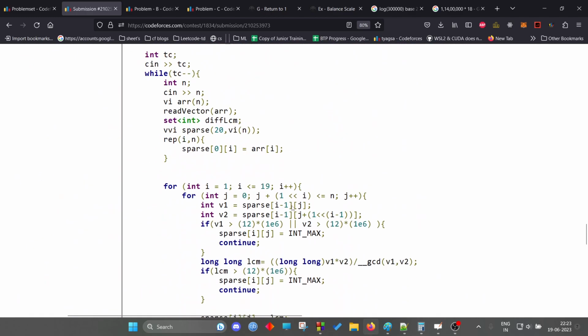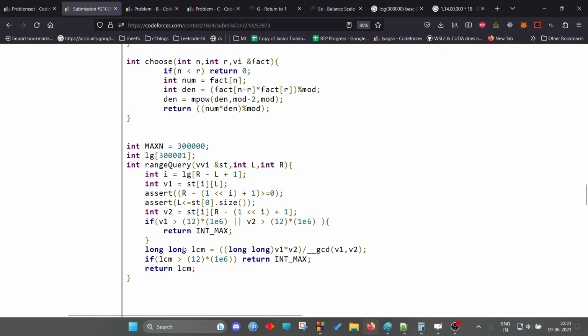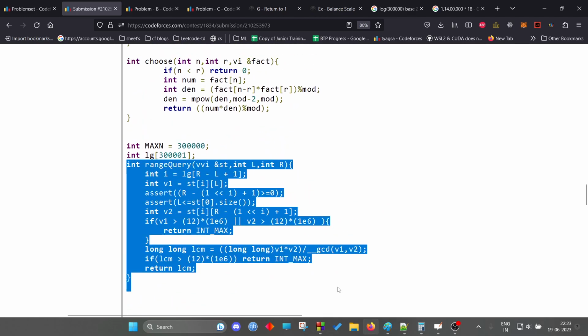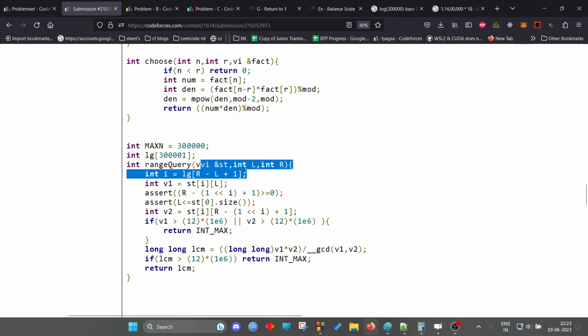So this is some template for the sparse table, and this is how you find the range query value. Now look here. Like I said, when you want to find the range from L to R, we find a power of 2 so that we cover at least the range.